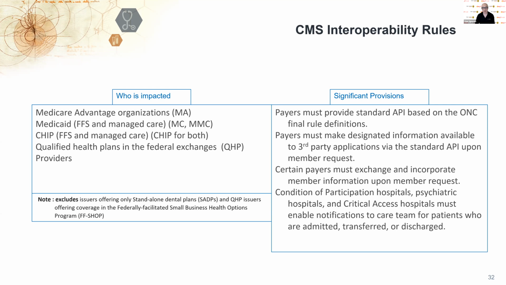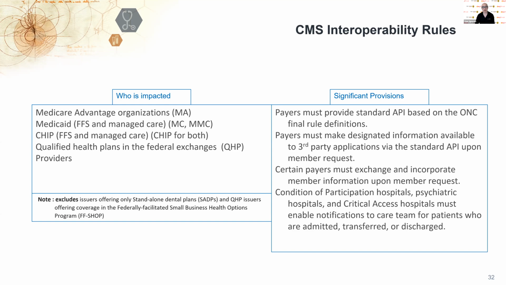And for the ADT and notifications, it affects the conditions of participation for certain hospitals and facilities. And so the rule at a high level requires that the payers provide a standard API based on ONC's rules as well to make patient data available to the patient at their request.